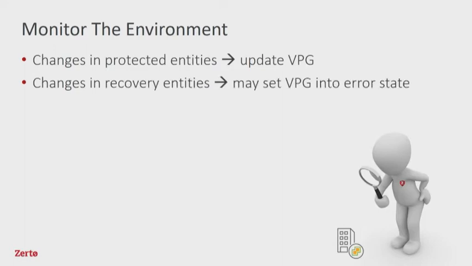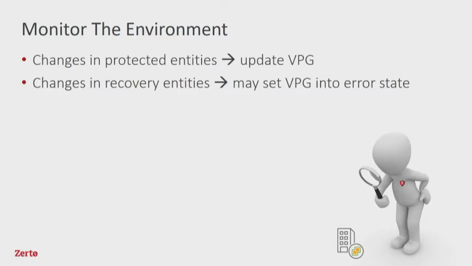On the recovery side, things are different. On the recovery side, the resources and the assets that the ZVM is operating with are recovery volumes, journal volumes, VMs of VRAs. These are all Zerto marked, Zerto managed assets.